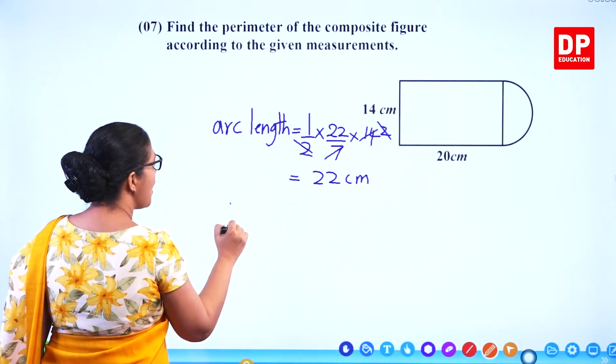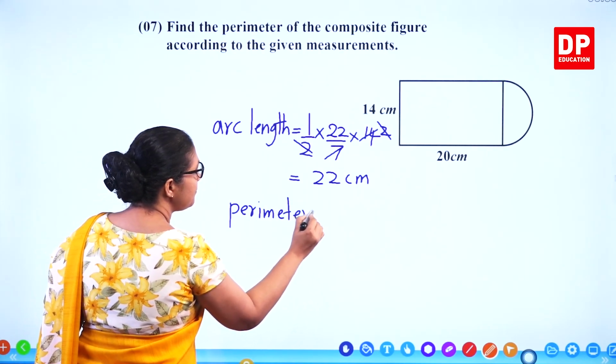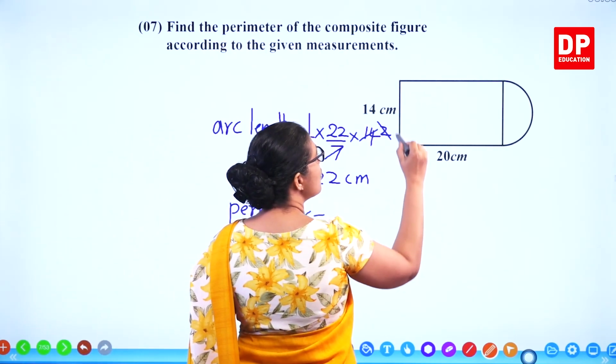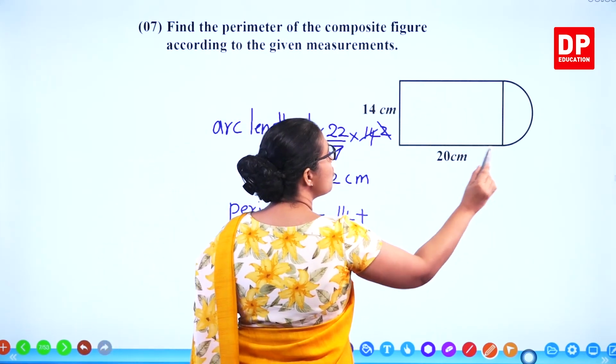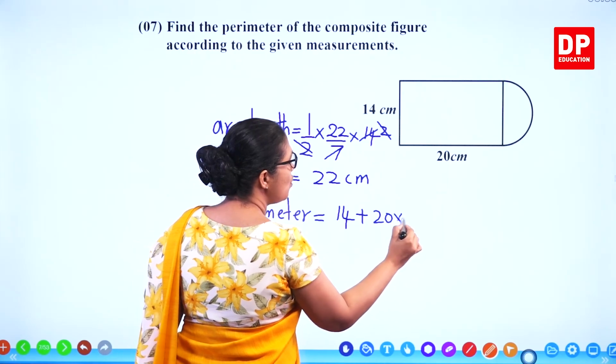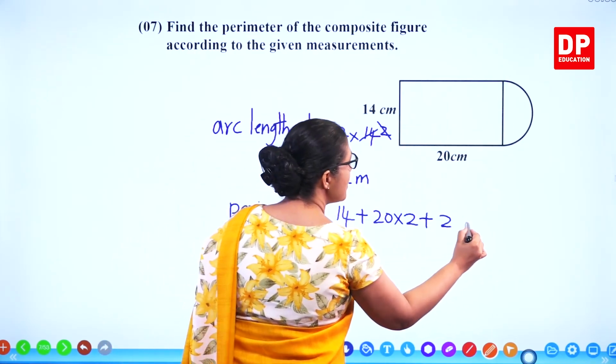Now we can find the perimeter. Perimeter becomes the outer length. So 14 and 20 and this 20. 20 times 2, and the arc length becomes 22.